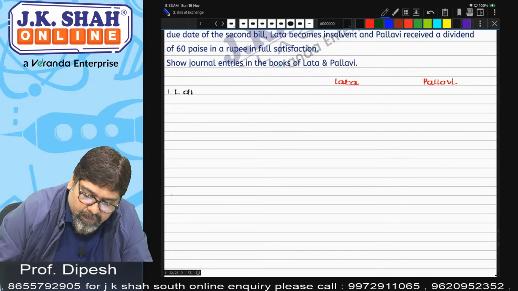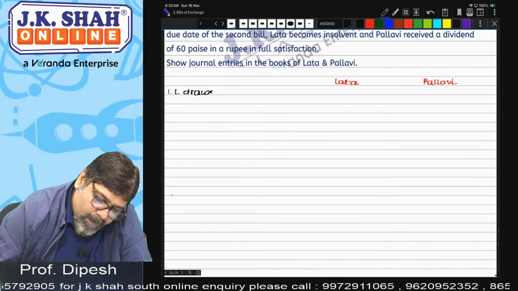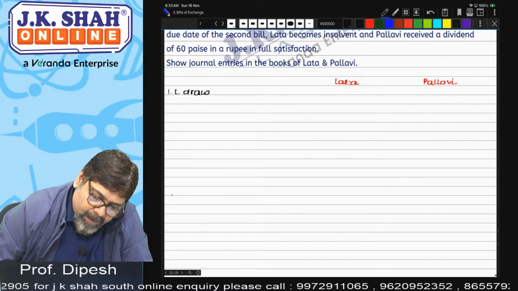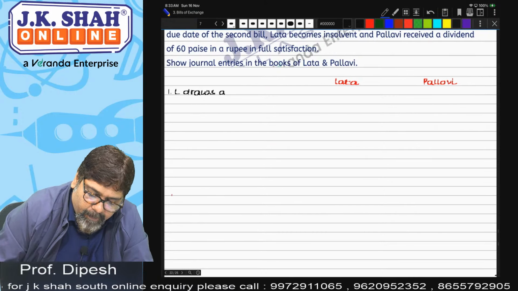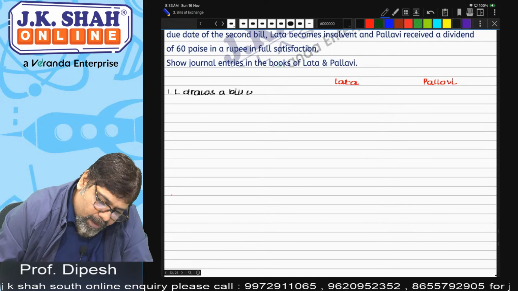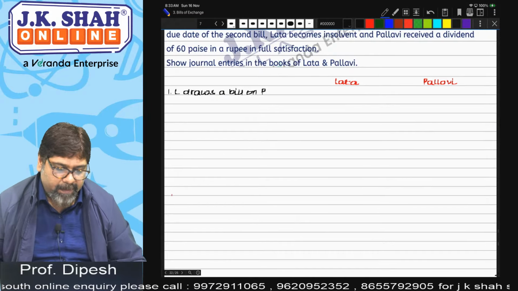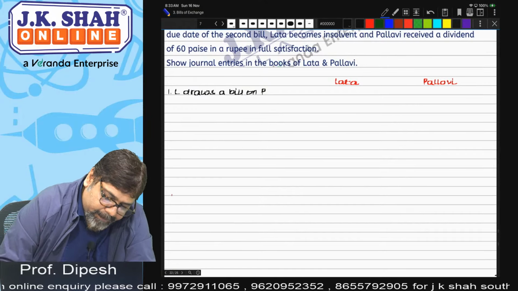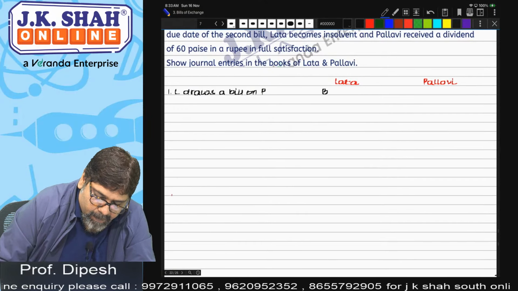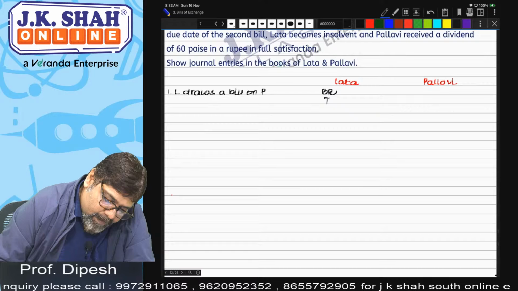Lata draws a bill on Pallavi. What entry will Lata pass? Bills receivable to Pallavi.